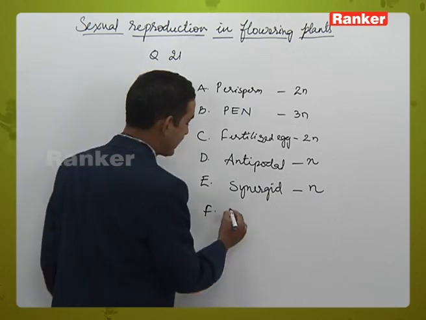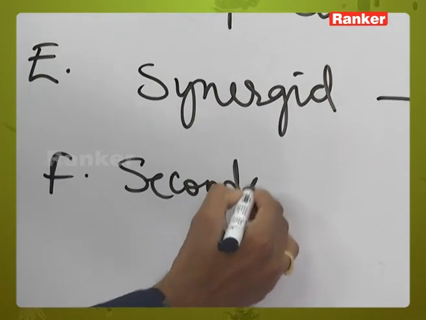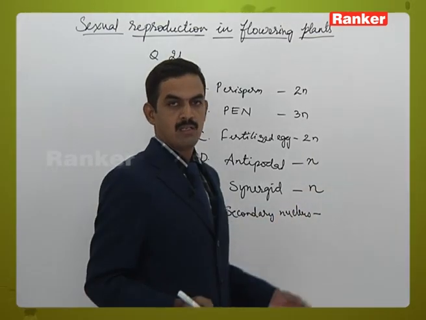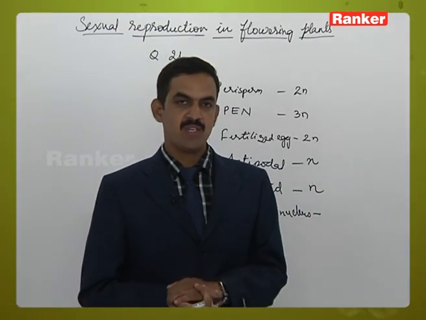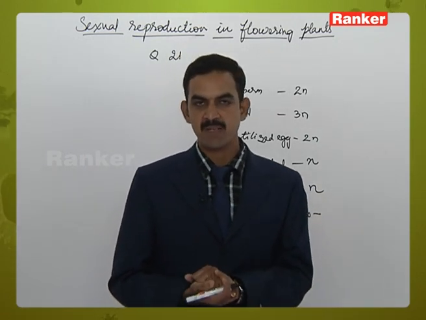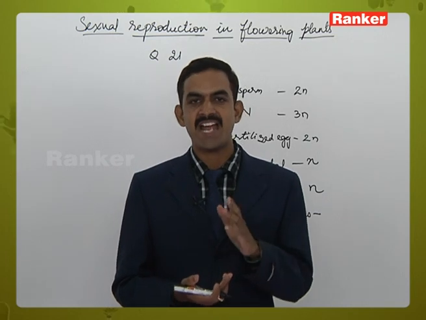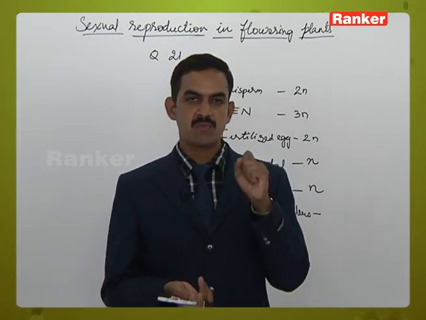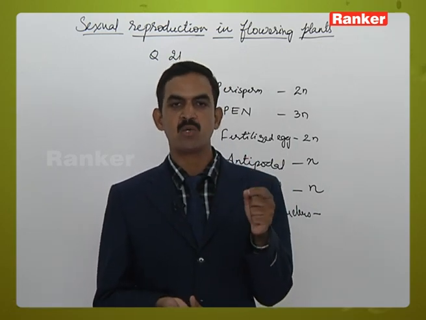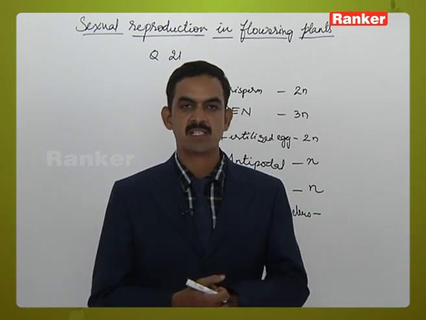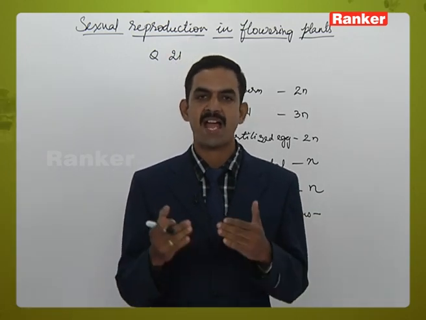Then F is secondary nucleus. In an embryo sac, the best example in our syllabus is the polygonum type, in which a 7-celled and 8-nucleated structure is present. The 7 cells are 3 cells present in the egg apparatus, which includes 1 egg cell and 2 synergids, and 3 cells present towards the chalazal end, which form antipodals.